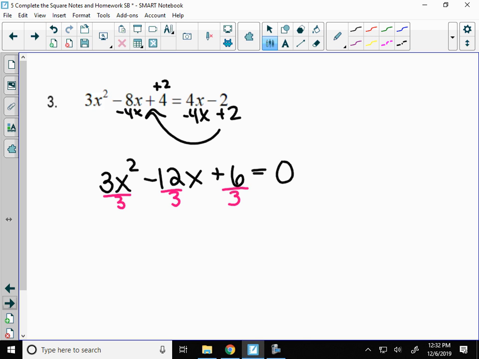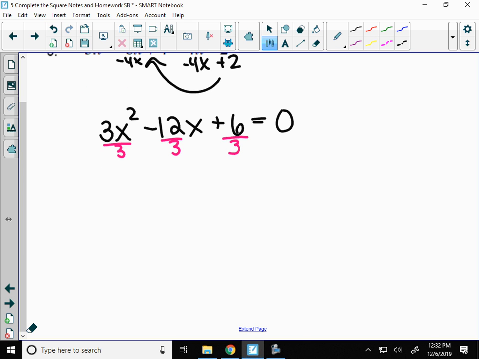Sorry about that. All right, so when I divide, for now, for this unit, I don't need that 3 anymore. I can just divide and make it go away. When we come back from winter break, we're going to need that 3, but for now, we don't need it. All right, what's the next step? Minus the 2.